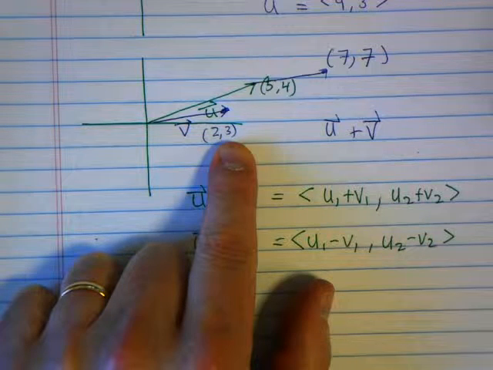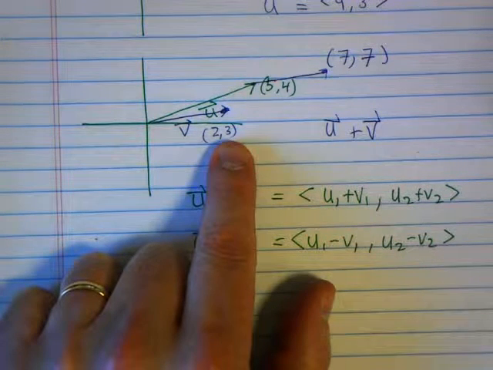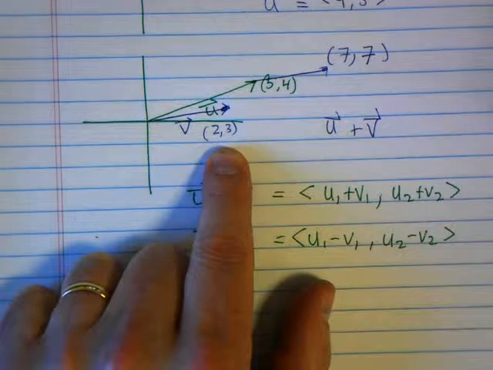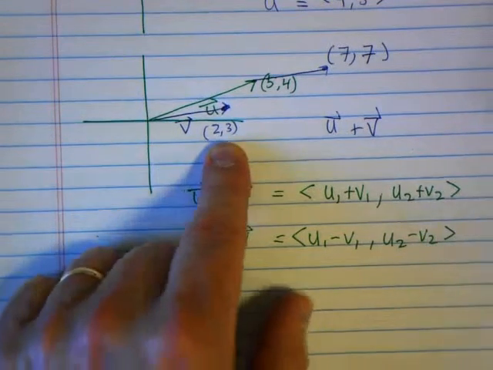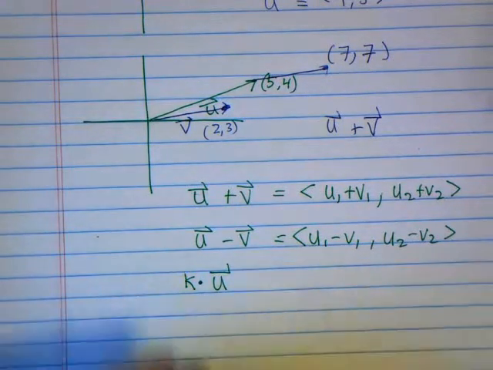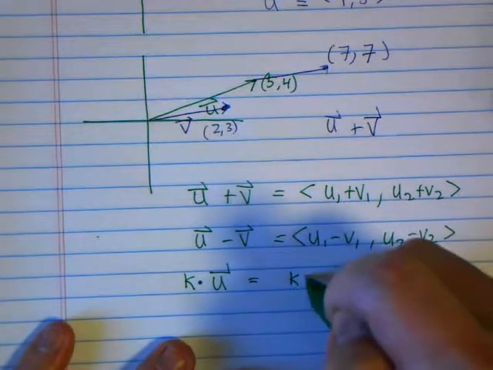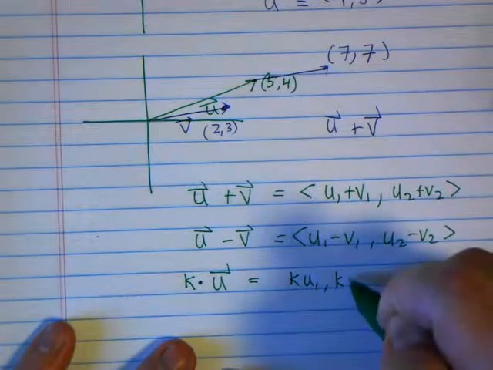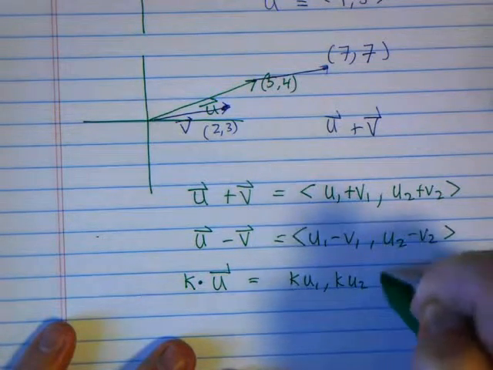Correct. Well, that would be if I wanted to take the first vector and multiply it by 5 and add it to the second vector. You're right. But if I wanted to just multiply a vector by a number, I just multiply each of the parts, the x and the y, by the number.